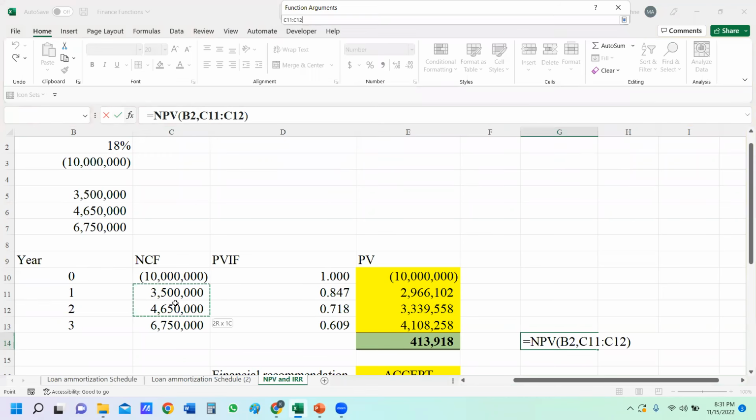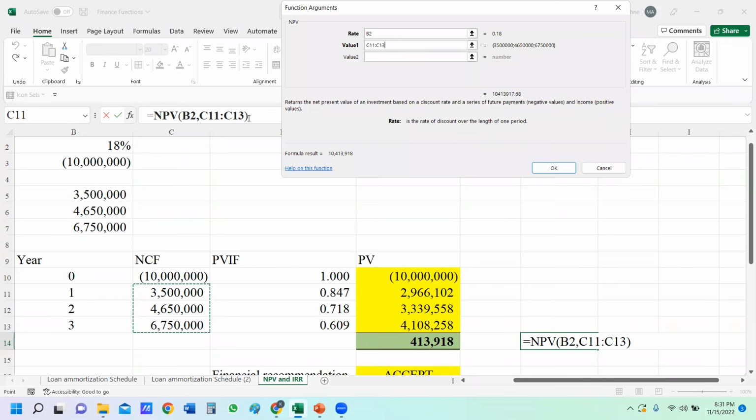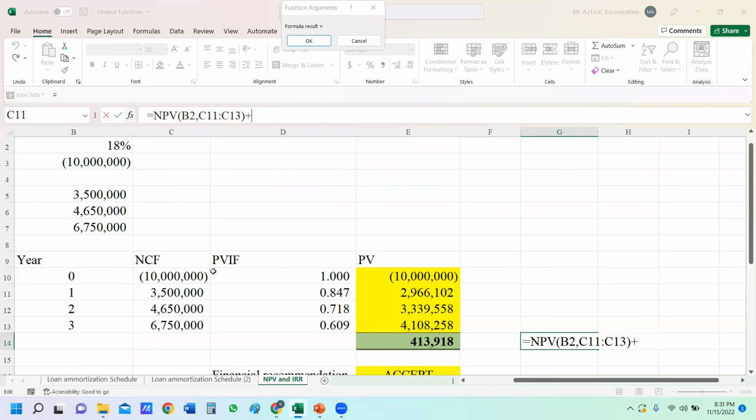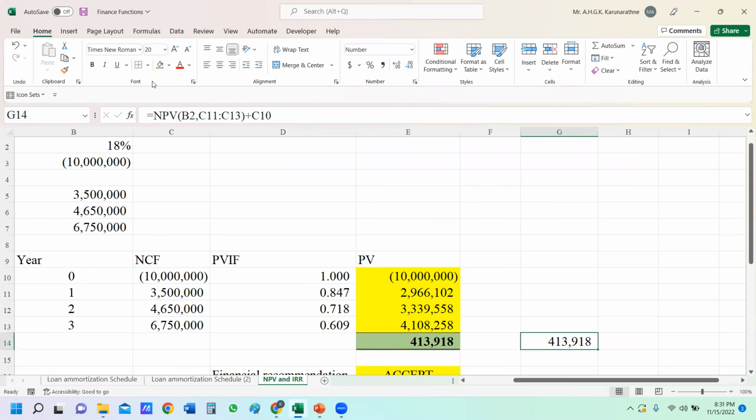Values are here. That was the mistake. These are the values. Show these values. Then come here, and now combine your initial outflow. Now you can see exactly the same answer.